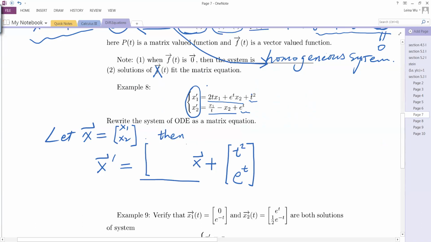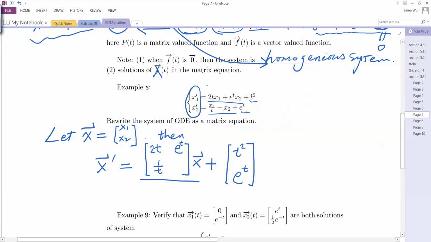And let's just do the same technique as we did before. Let's pull out their coefficients and put them in a matrix, into the coefficient matrix, right? So the first entry would be 2t, followed by e to the t. Next will be 1 over t.